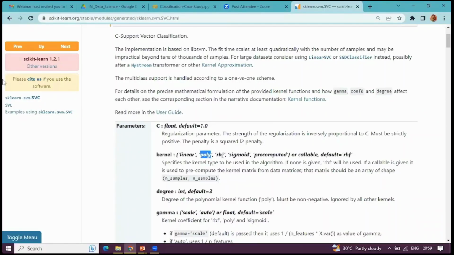Or we can have a radial basis kernel, which looks more like the normal distribution kind of function. Then we talk about a sigmoid kernel. The sigmoid kernel is 1 by 1 plus e to the power of minus x. So that kind of kernel is typically applied, and you could see that there are different kinds of kernels.